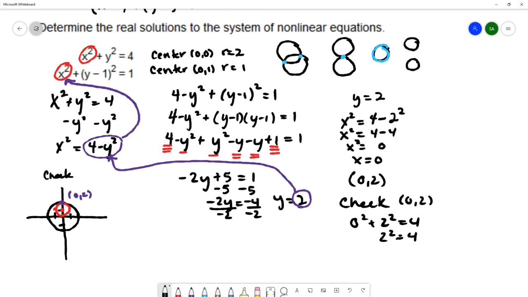In the second equation, that would be 0 squared plus (2 minus 1) squared equals 1, and 2 minus 1 is 1, squared, which is 1. So this ordered pair does work in both equations in this system, and we have our solution being the ordered pair 0, 2.